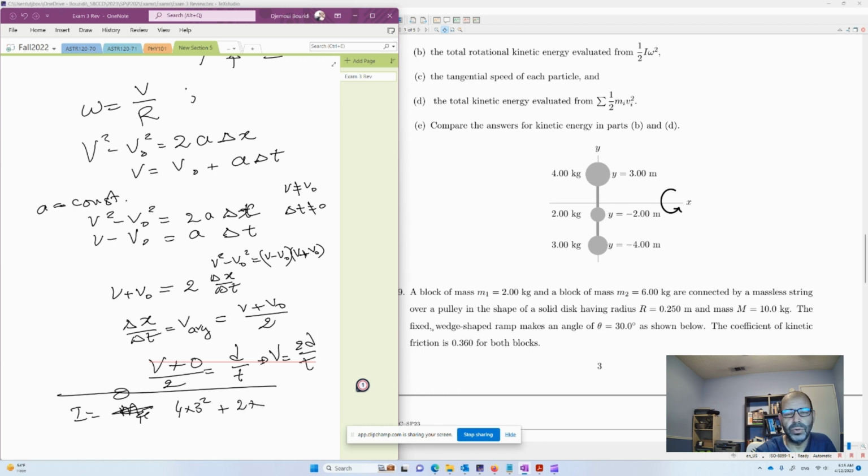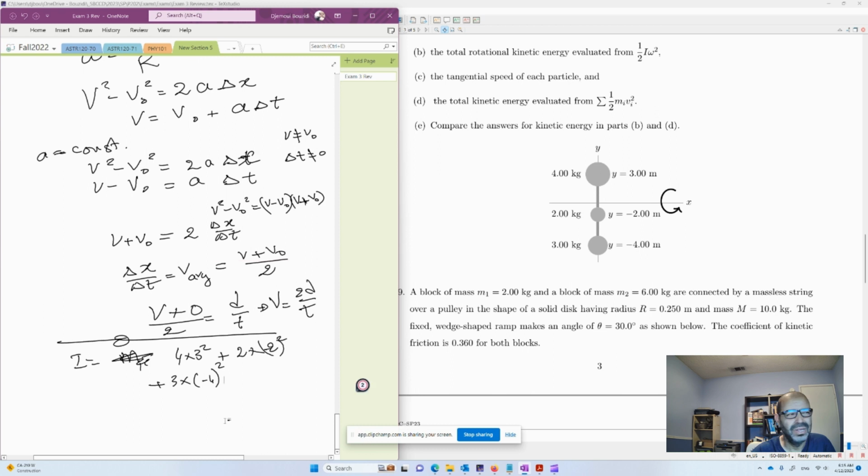It doesn't matter if it's below or above the axis, because you're going to take -2 and square it, so the negative becomes positive, plus the 3 kilogram times, again, same thing, -4 squared. Okay, so you have 4 times 9 plus 2 times 4, which is 8, plus 3 times 16. So that's the moment of inertia, okay?